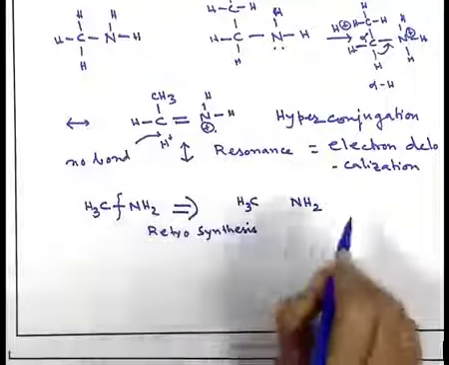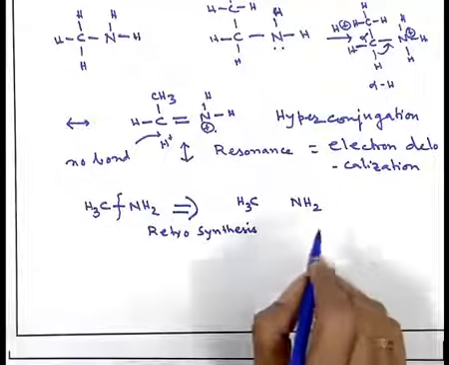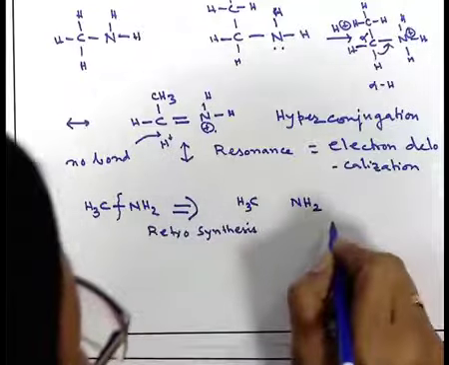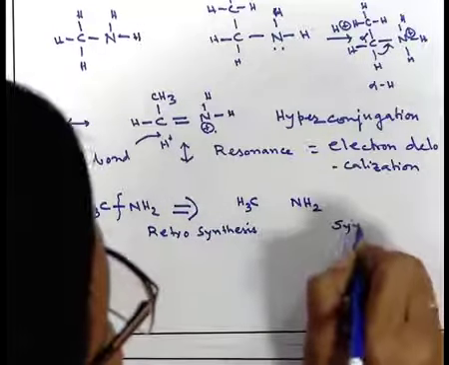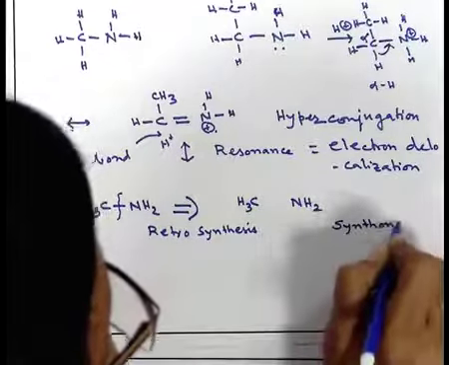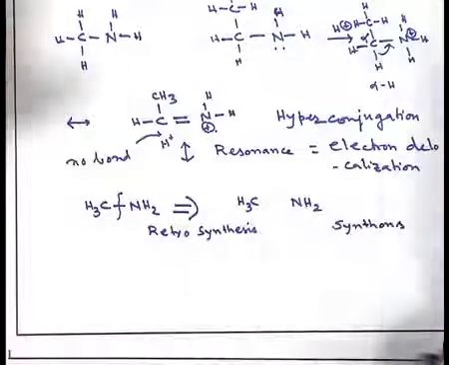That means, how could the carbon nitrogen bond be connected with the help of what sort of starting material, and under what conditions? Now, this concept of breaking methylamine to methyl and amine is sometimes called synthons. Synthons are a concept, not the actual molecule.